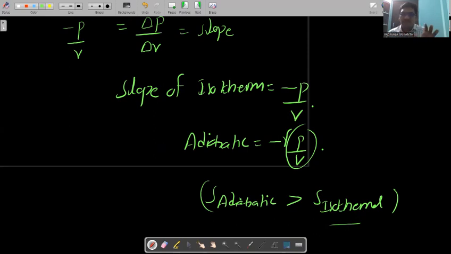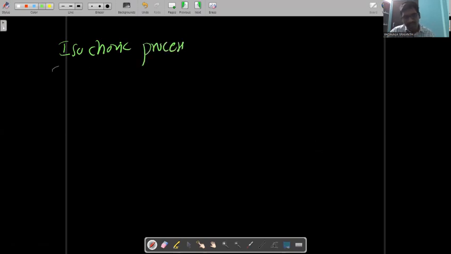Now, coming to isochoric process. So tell me what happens generally in an isochoric process in the generalized case. What is an isochoric process? Volume is remaining constant.